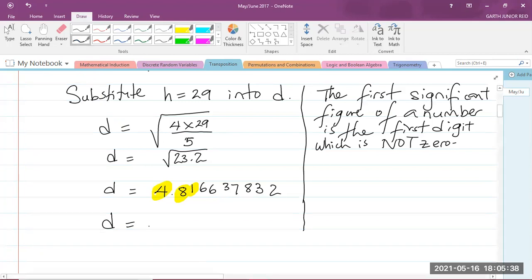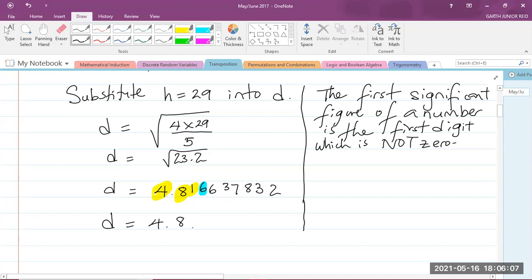So I will have 4.8. Now, let's look beside the 1. Beside the 1, we have a 6. Since this value here is greater than 5, once the number is 5 or more, we will have to add 1 to the previous digit.